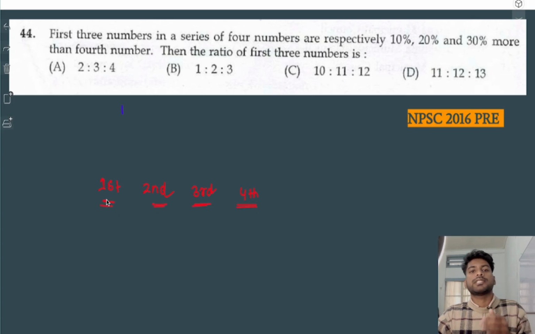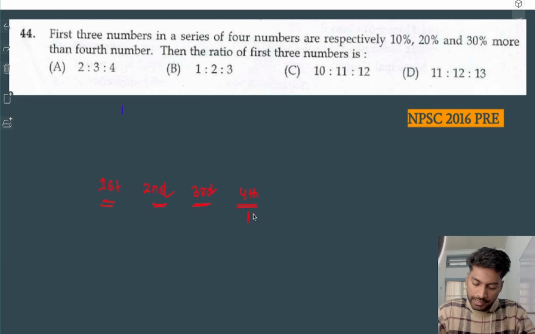They are saying the first three numbers in a series of the four numbers are respectively 10%, 20% and 30% more than the fourth number. So we are comparing from the fourth number. Okay, so let's take the fourth number as 100, so the comparison will be easy.